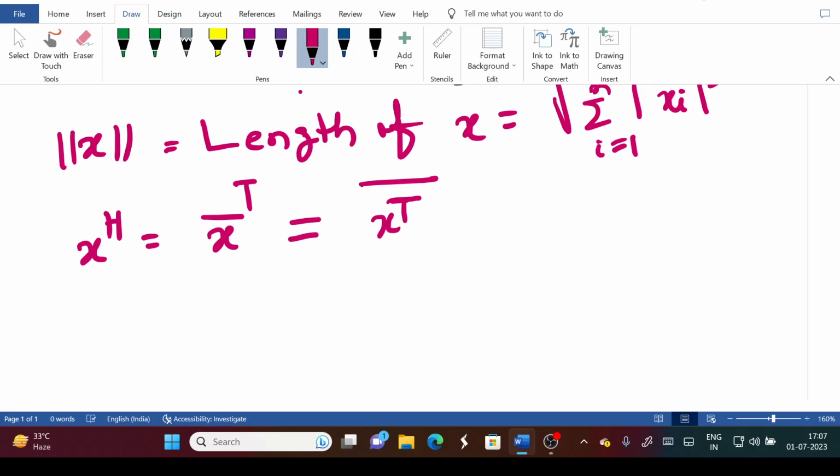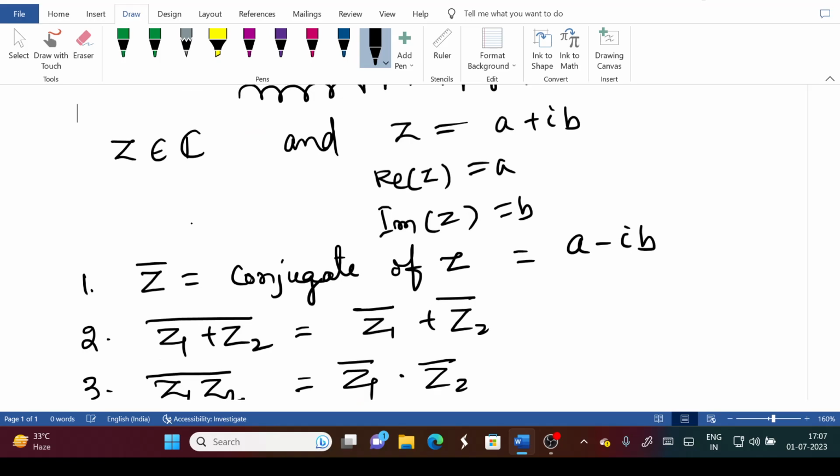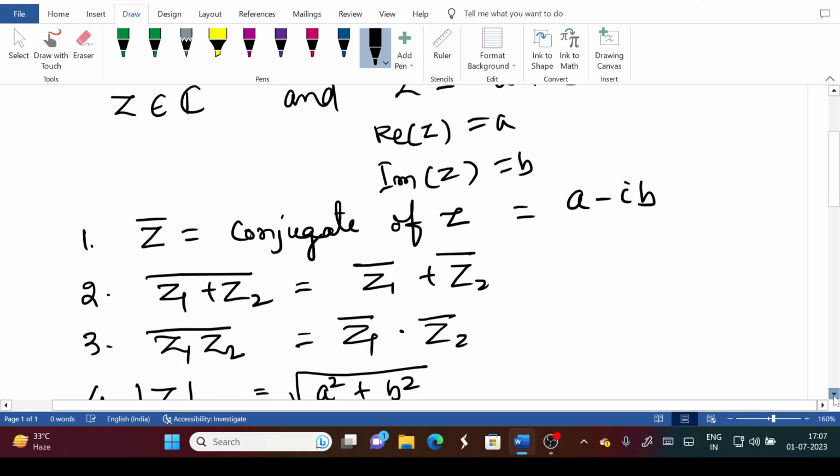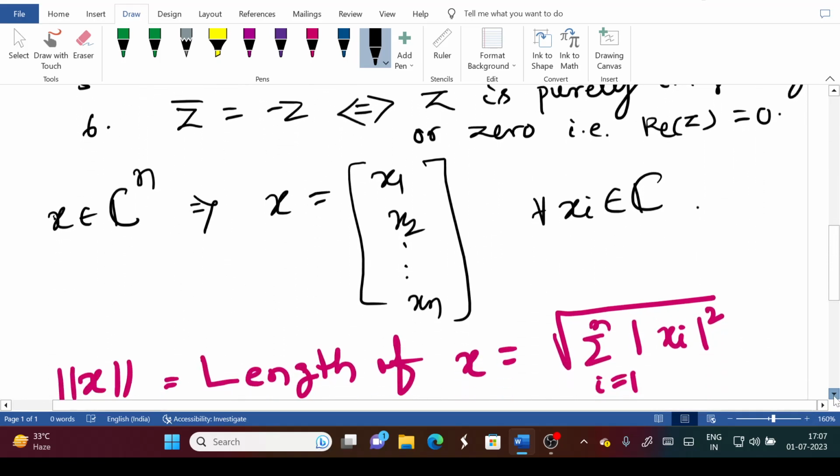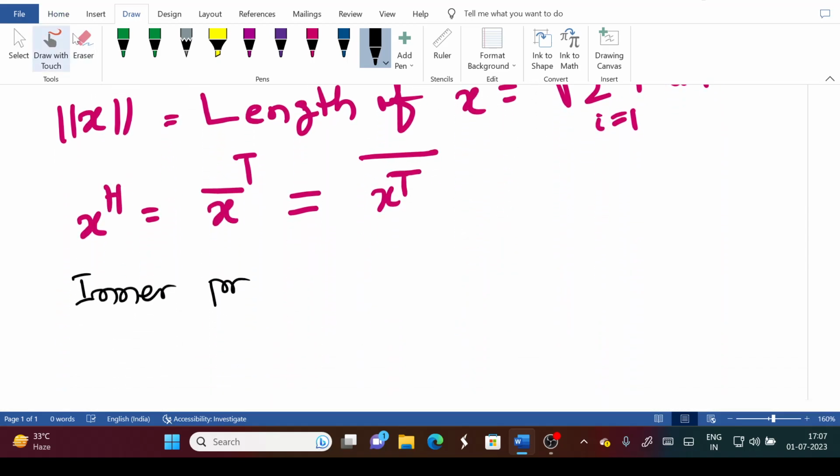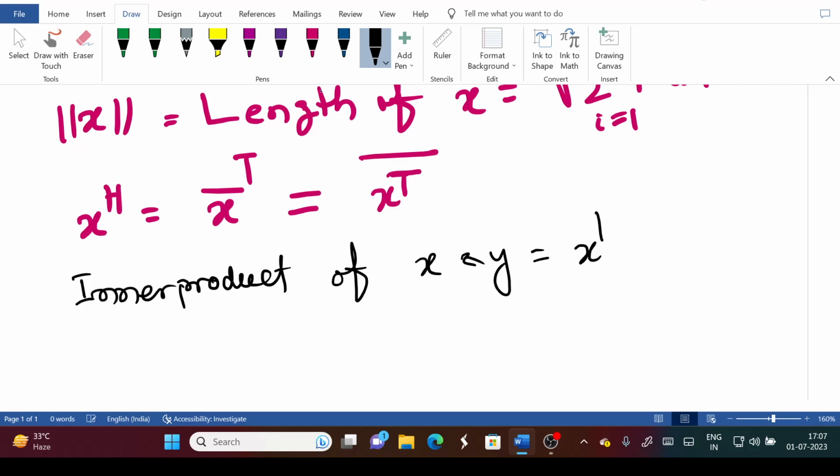Now the inner product of x and y is equal to xH y.